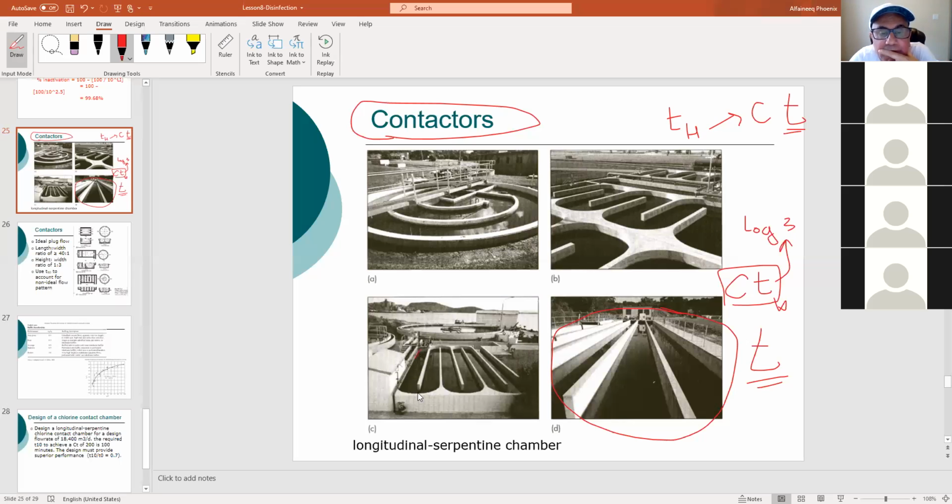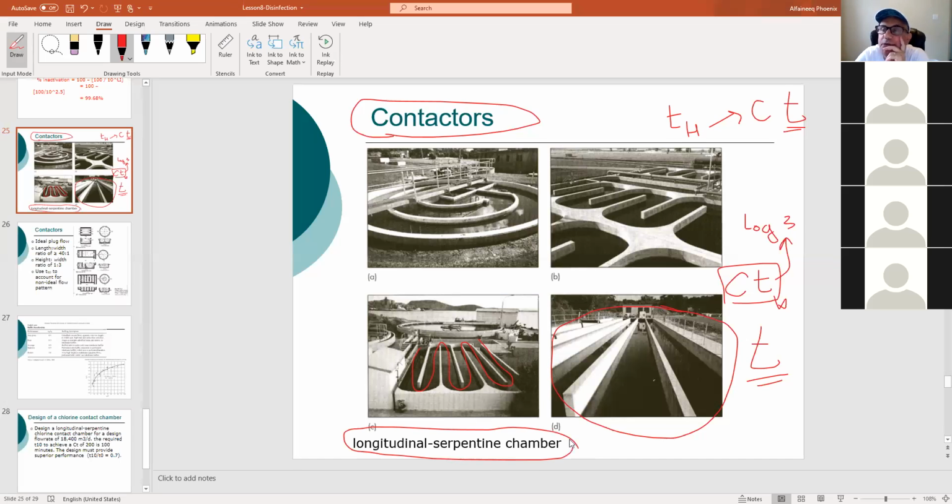It goes from here all the way down, back there, comes here, goes back, comes here. And this is a basin here, right? So look how long it is. Serpentine chamber. This is what we are going to design, right? Serpentine chamber.